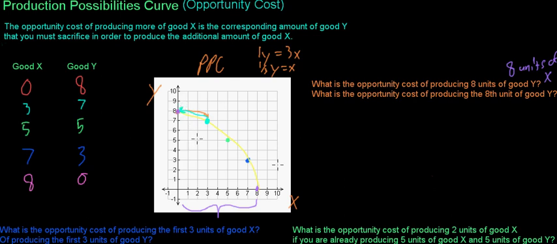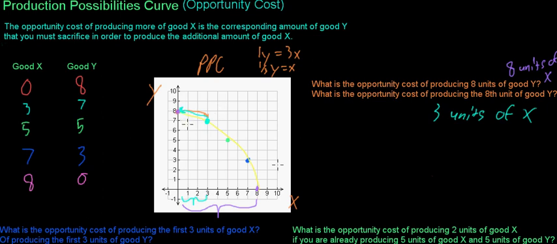And the answer is that you have to give up these 3 units of good X. Because, see, you were producing 3 units of X and 7 of Y. So to produce that extra 1 of Y, you have to give up all 3 X. So the answer is 3 units of X. And just to go back to our definition, that's the amount that we have to sacrifice to produce that 8th unit of good Y.